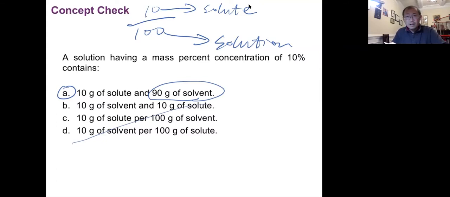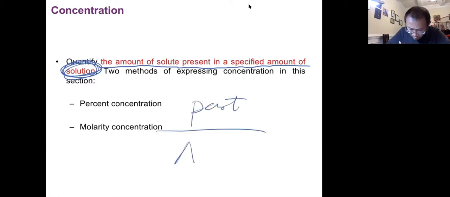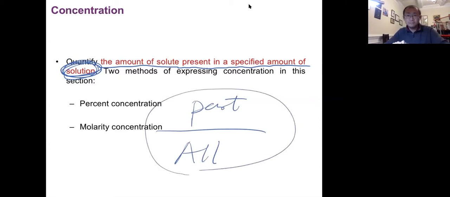We will learn four concentrations, four mathematical calculations, but they all mean the same thing: the amount of solute in a given amount of solution, or we can say part per all. Guys, you can write it down.